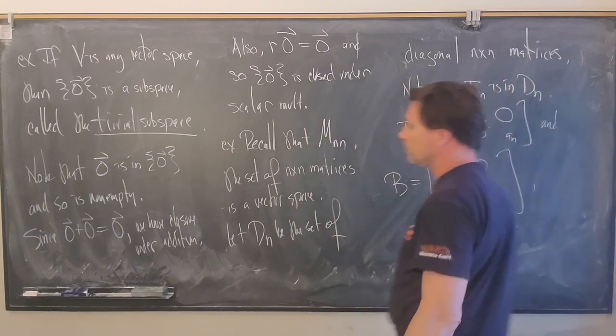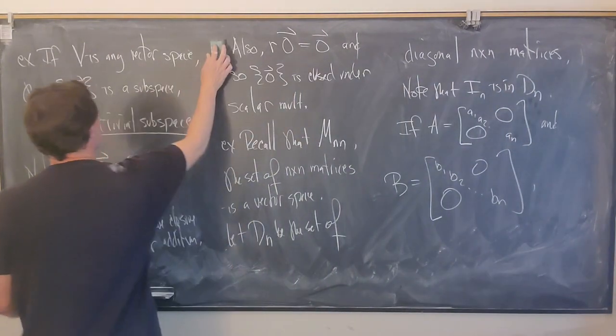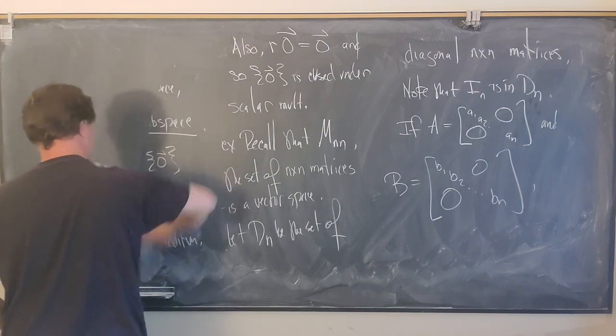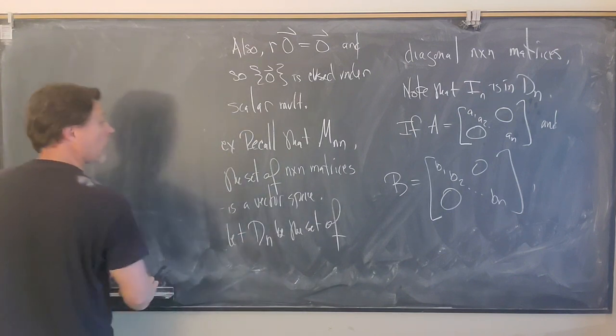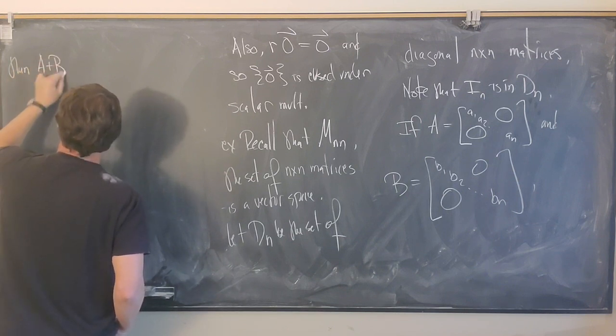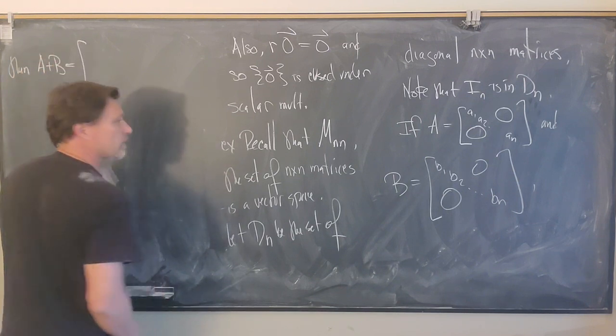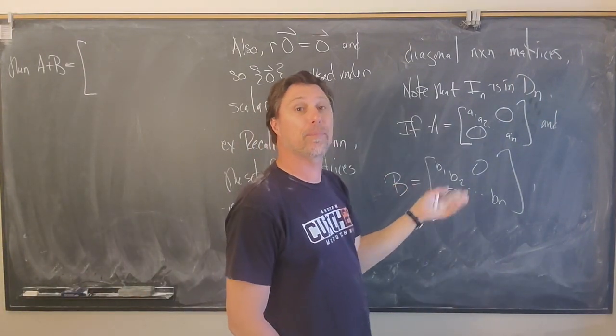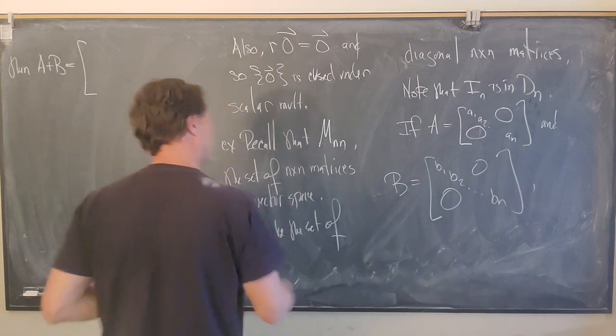All right, so I'm choosing two vectors inside D sub n. Then A plus B equals, let's see, if we add these two matrices together, what we're going to get is ai plus bi along the diagonal and zero everywhere else.